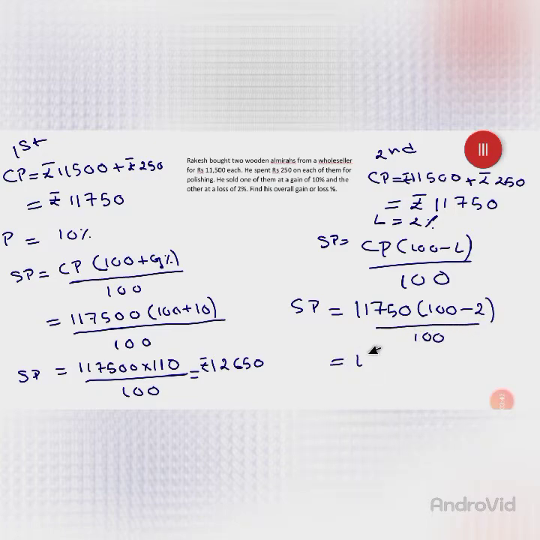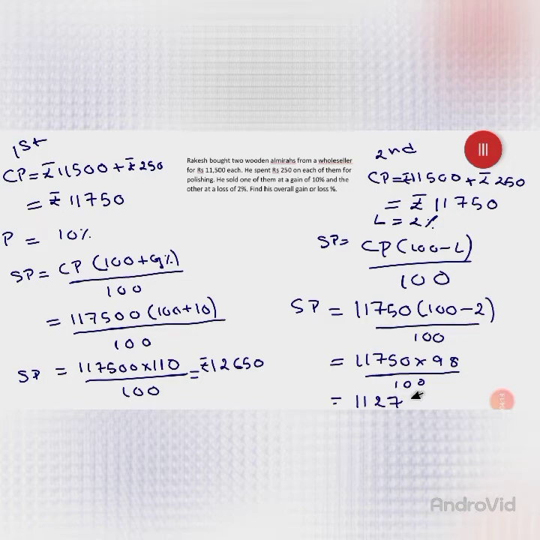Now 11,750 into 100 minus 2 is 98 divided by 100. So selling price for the second almirah, which was sold at loss 2%, is 11,270.